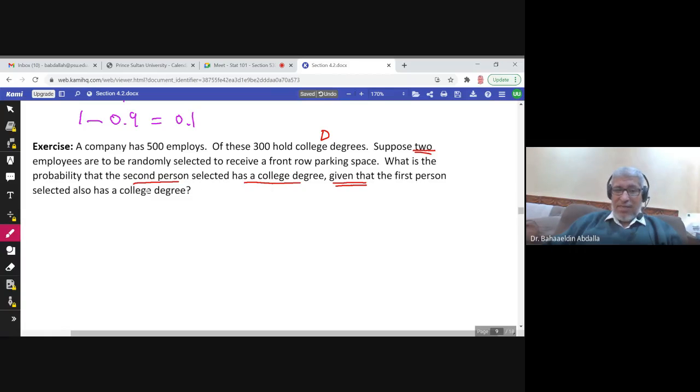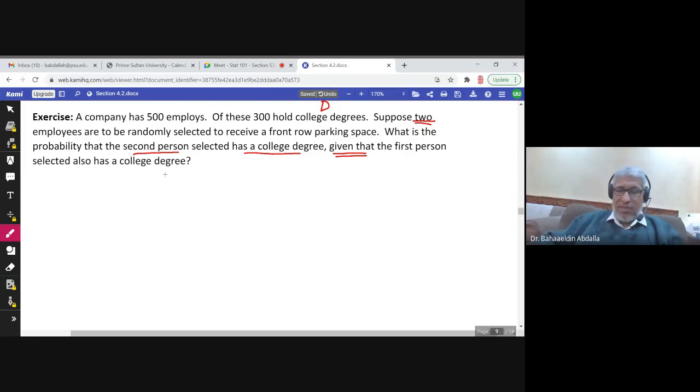I can solve this question in different ways actually, but I'd like to solve it using a tree diagram. And please pay attention to the tree diagram, it will help you understand the problem. So this is the first employee. I will select an employee from the 500 employees.